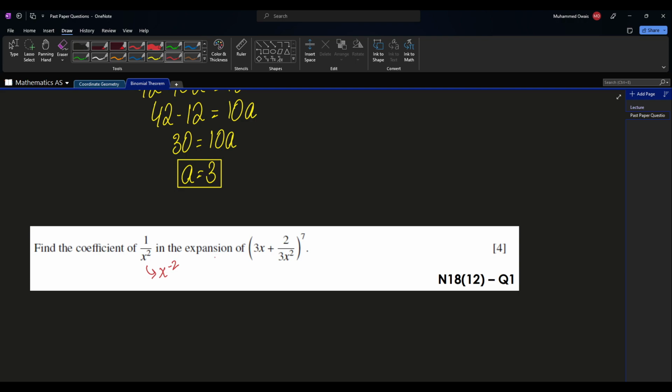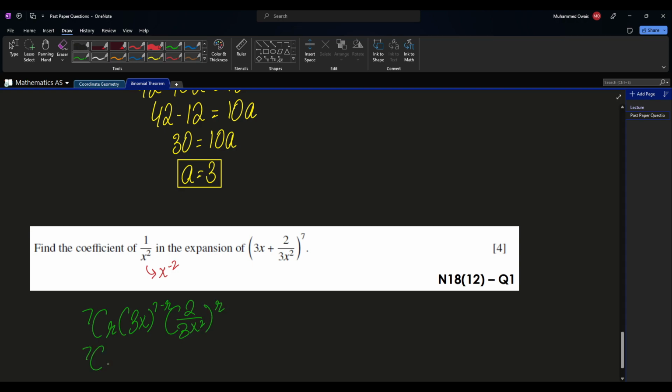of x minus 2. So we can just apply the methods we used before, which is 7cr into a 3x 7 minus r into b 2 over 3x square power r.